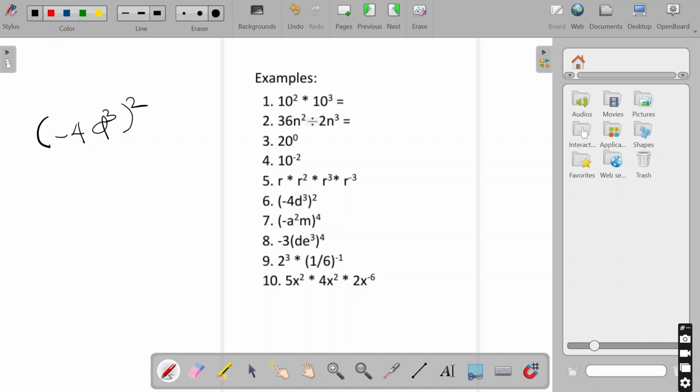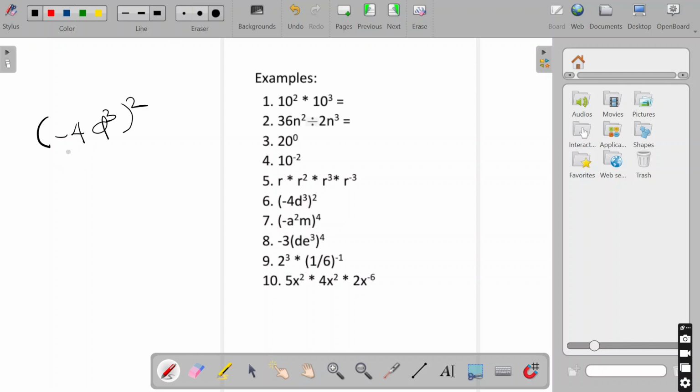So what this means, if you have a number in bracket, this is the simple way to go about it. Once you have a number in bracket, what you will have to do is to raise each number to the power of 2.